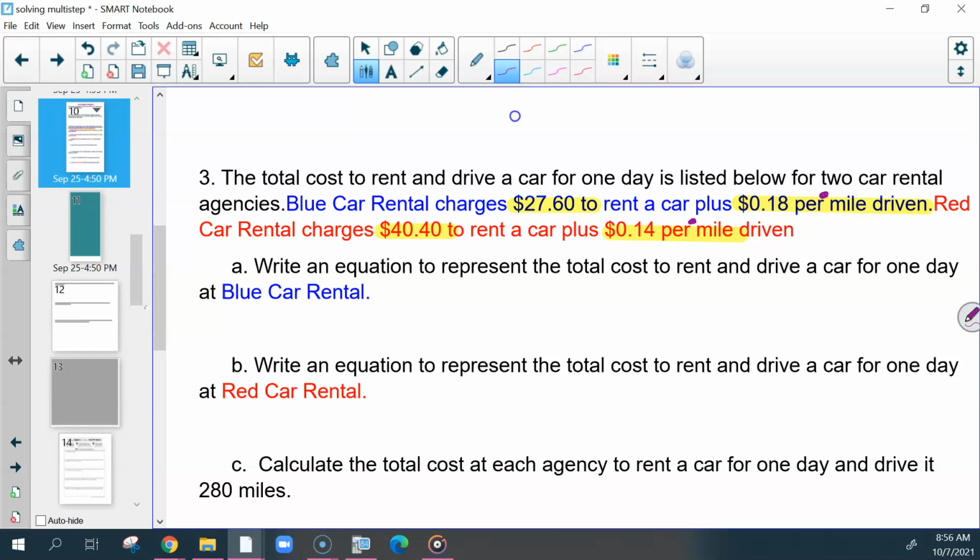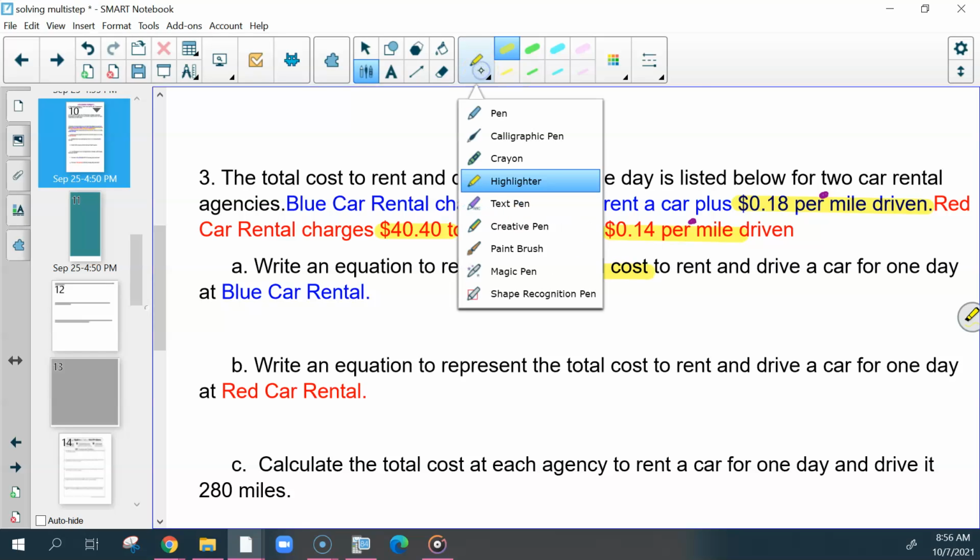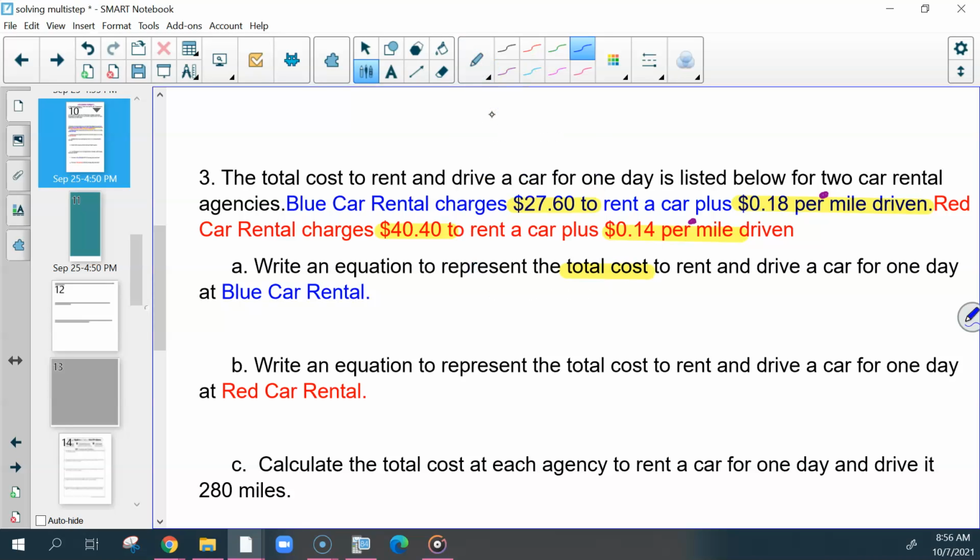So now, part A asks us to write an equation to represent the total cost. Total tells us to do what? Add them. We're going to add these numbers together to get an equation.